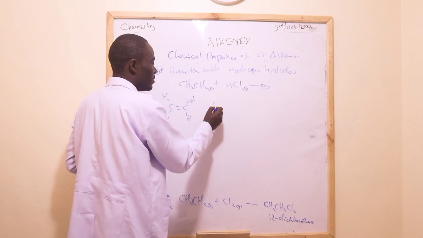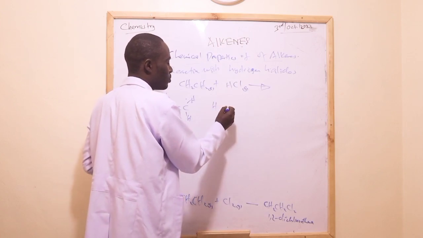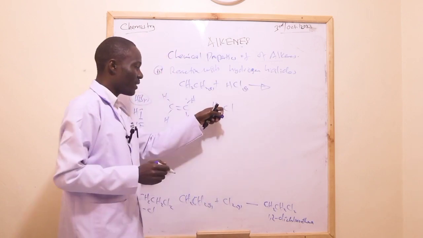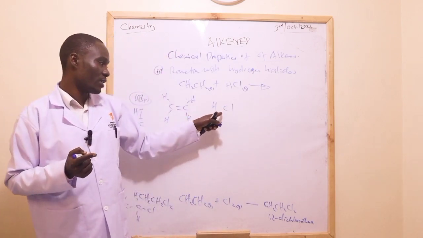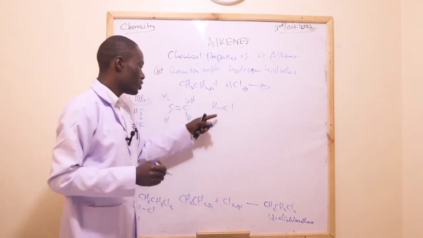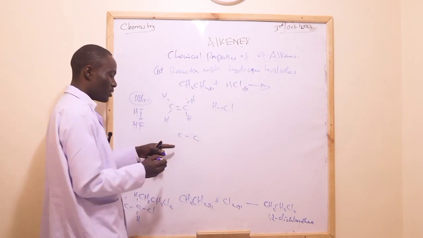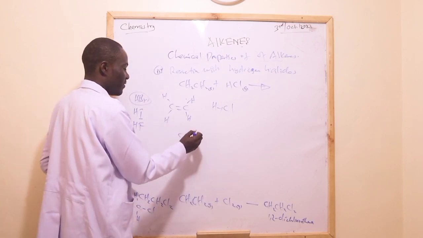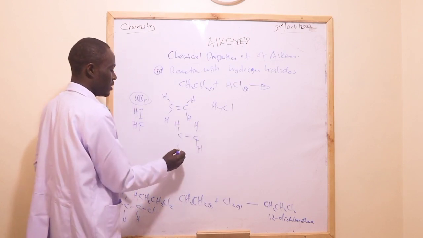The covalent bond holding the hydrogen and chlorine atoms in the hydrogen chloride will also be broken, so that we have the single bond remaining, with two hydrogen atoms remaining on each carbon atom, as you can see here.